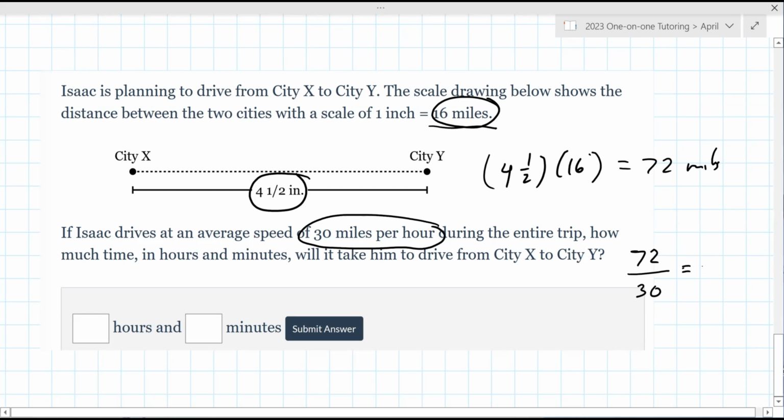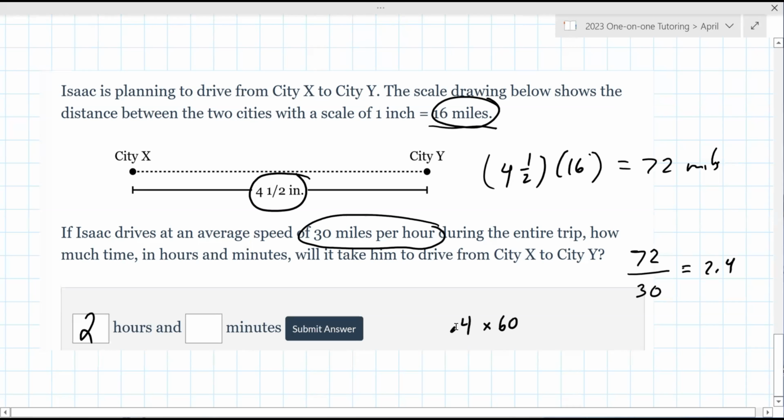Okay, so we have to be careful here. It's 2 hours because of the 2.4. The 0.4 is in terms of hours. So to get it to minutes, you multiply that by 60. Just the decimal part, the 0.4.